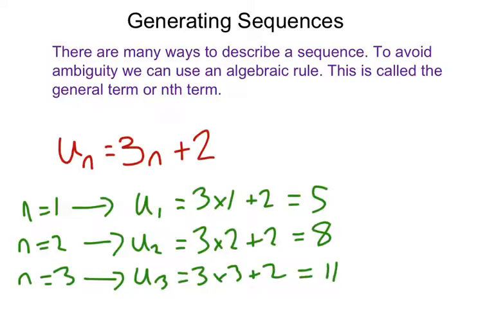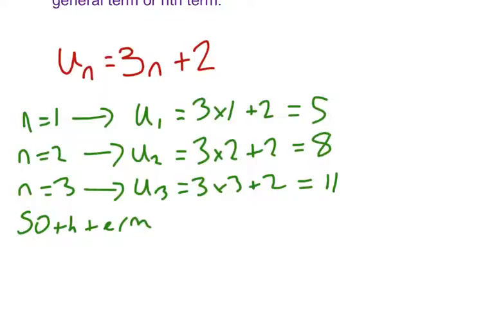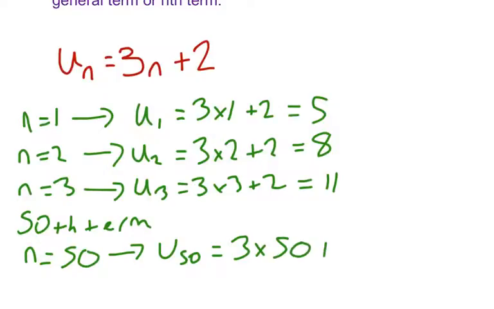But the really good thing about this kind of rule is that we can work out any term without knowing all the previous terms. So if we wanted to find the 50th term, we would use n equals 50, and that would give us u50, which is 3 times 50 plus 2, which is 152.